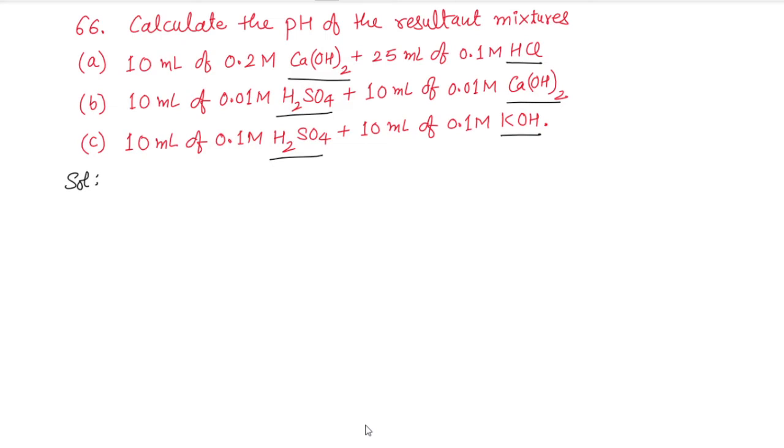Okay, so let us solve the first question, A part. In A part we have calcium hydroxide, 10 ml, 0.2 molar. The number of moles is equal to molarity into volume in liter.